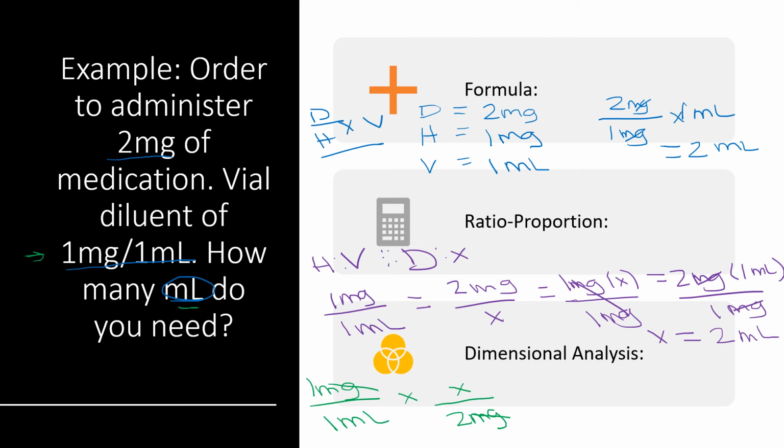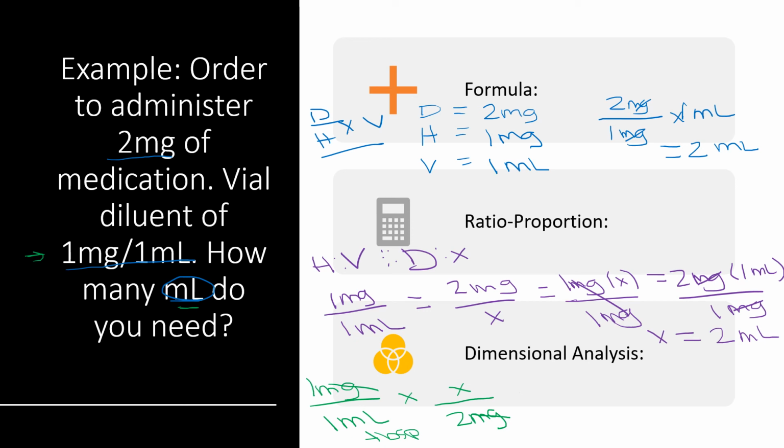Now, if this was given to us in tablespoons or anything else, then we could continue to use our dimensional analysis to convert all the way through so that all of our units cross out to where we're left with milliliters. But this problem doesn't need any conversion, but that's how you can keep going.